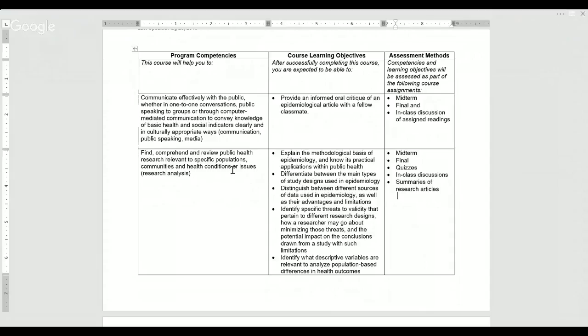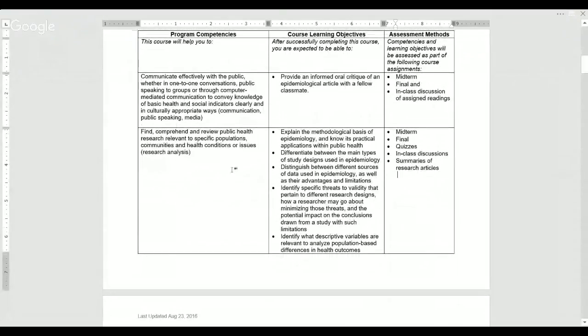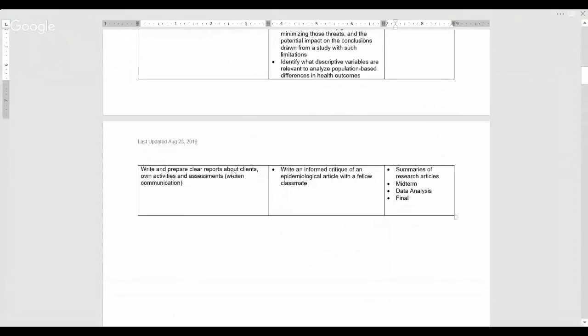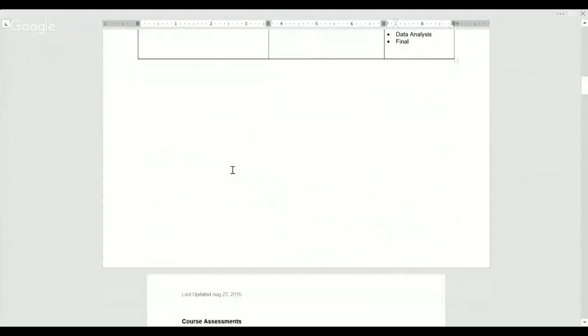I'm not going to be going through the physiology of diseases or the biology of what's happening. What we are going to talk about is study design, statistical analysis, and epidemics broadly. And the way this is going to be assessed is through a variety of class projects. Primarily, though, it's going to be through a research project.